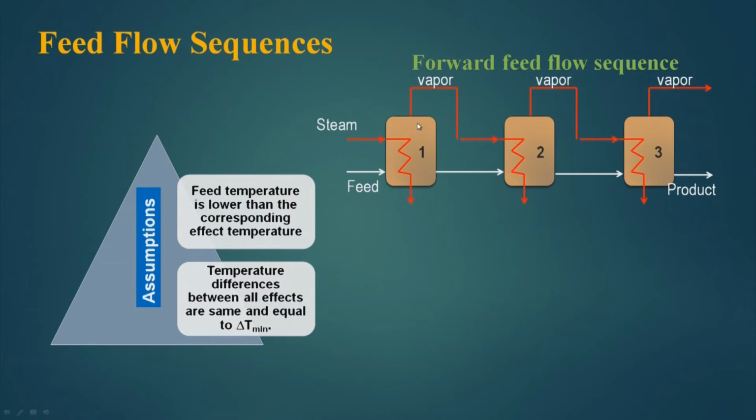So, the boiling temperature of liquid here is high. When it goes to here, where the pressure is low, here the boiling temperature is low. So, this liquid is superheated in comparison to the boiling temperature here.